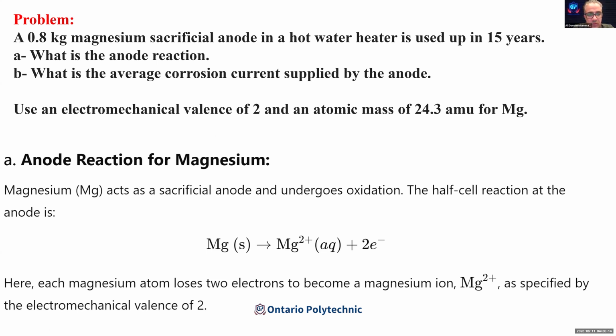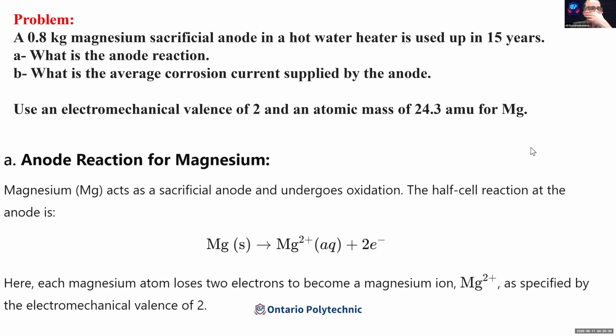The magnesium atom loses 2 electrons to become a magnesium ion, as specified by the electrochemical valence of 2. So this is the answer for A, which is very simple and straightforward, okay?